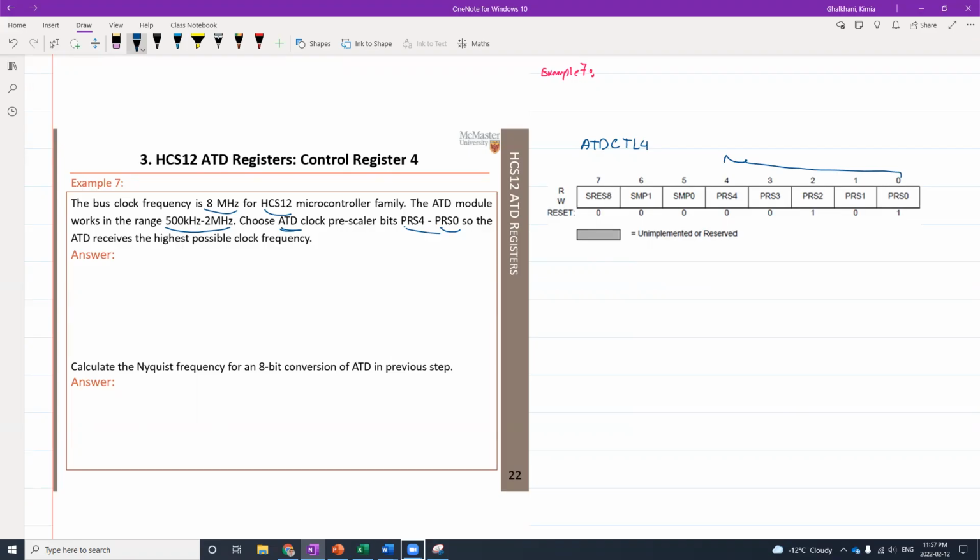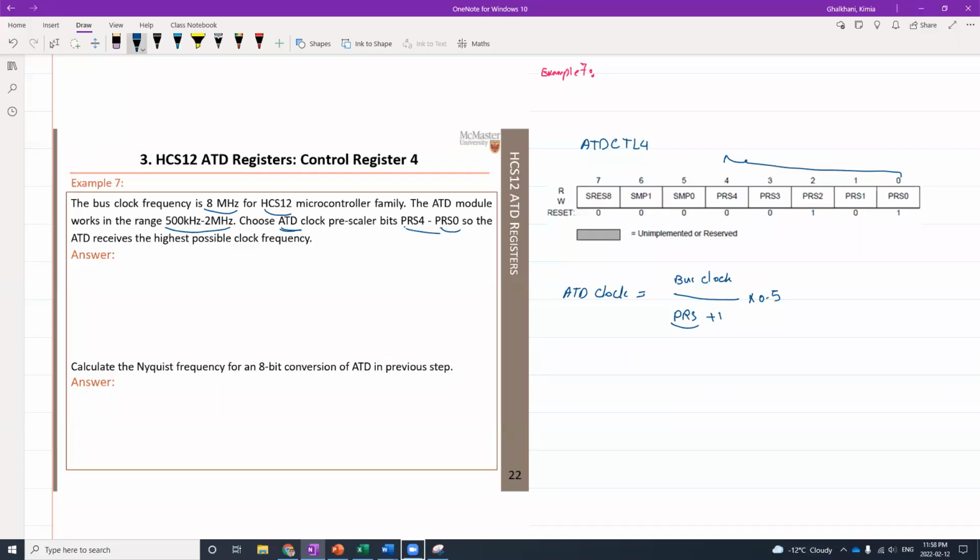So for the analog to digital clock, we just learned that the A to D clock is equal to the bus clock divided by the PRS plus 1 times 0.5. So as I mentioned, this prescaler can be a different number based on the table that we had in the previous slide.